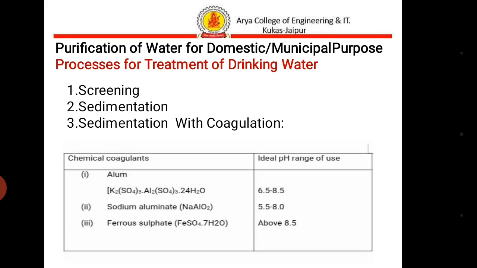Here are some coagulants that work at various pH ranges. First, alum works at 6.5 to 8.5 pH. Second, sodium aluminate works at 5.5 to 8 pH. Ferrous sulfate works at above 8.5 pH.